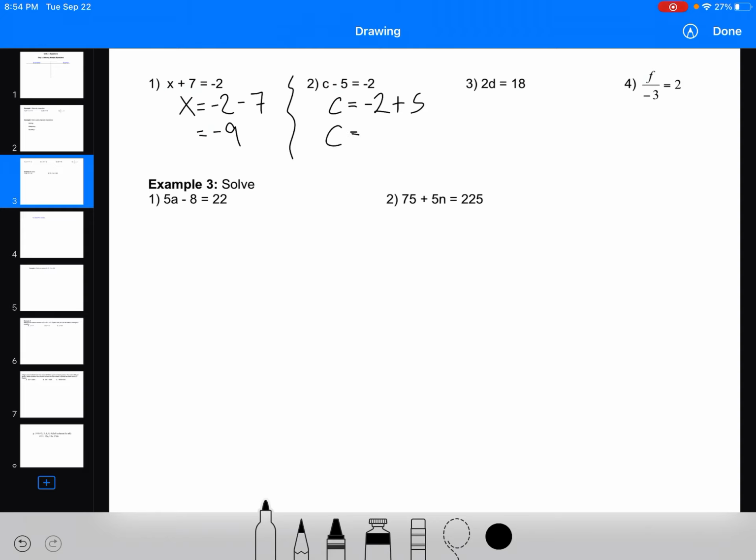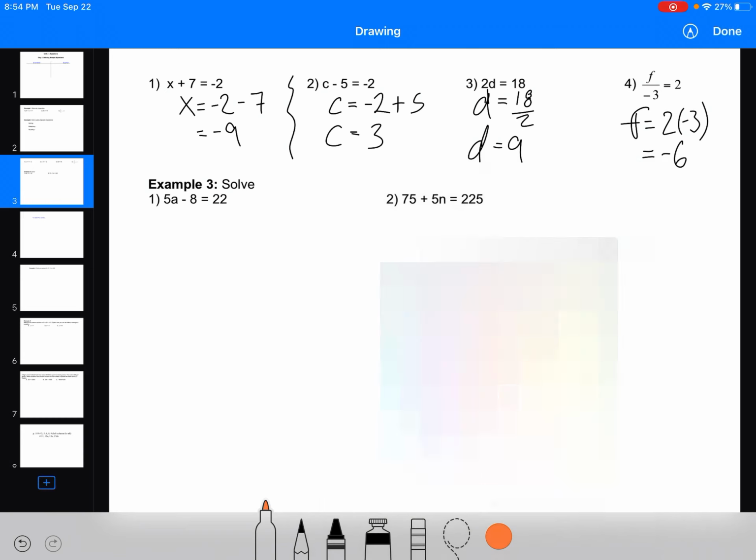So that means that c is equal to 3. Here we would have d equals 18 divided by 2. Well, d then equals 9. And then in the last one, f equals 2 times negative 3. That's going to be negative 6.